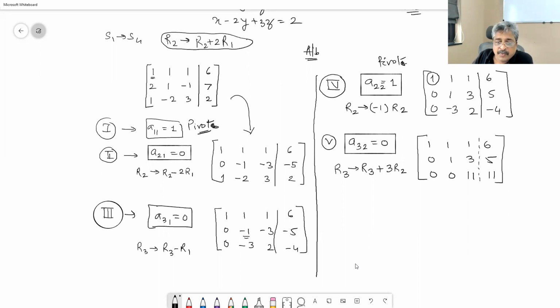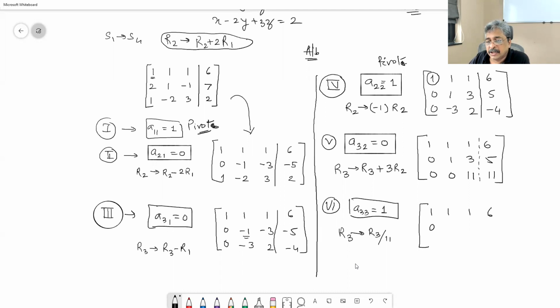And then the sixth step is to make the third pivot A33 equal to 1. It is easy. Just divide R3: R3 becomes R3 by 11. That gives you 1, 1, 1, 6; 0, 1, 3, 5; 0, 0, 1, 1. Right? So this is your upper triangular matrix.